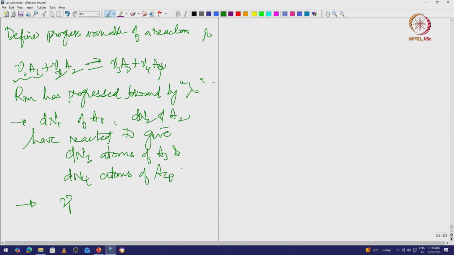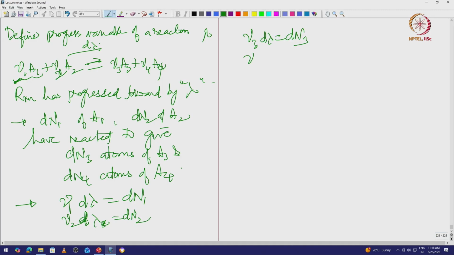So I have nu_1 times d lambda equal to dn_1, right. This is because the reaction itself has progressed by d lambda, which means nu_1 times d lambda equal to dn_1, nu_2 times d lambda equal to dn_2, nu_3 times d lambda equal to dn_3, and nu_4 times d lambda equal to dn_4, right.